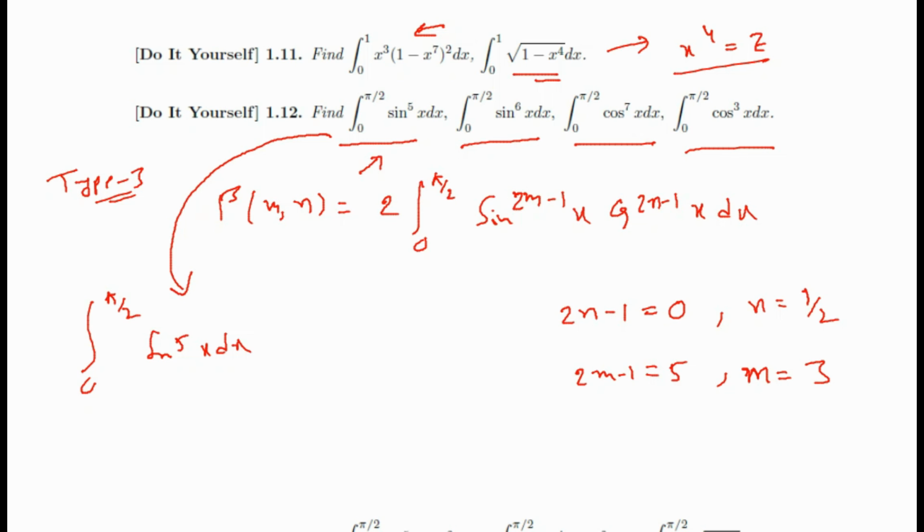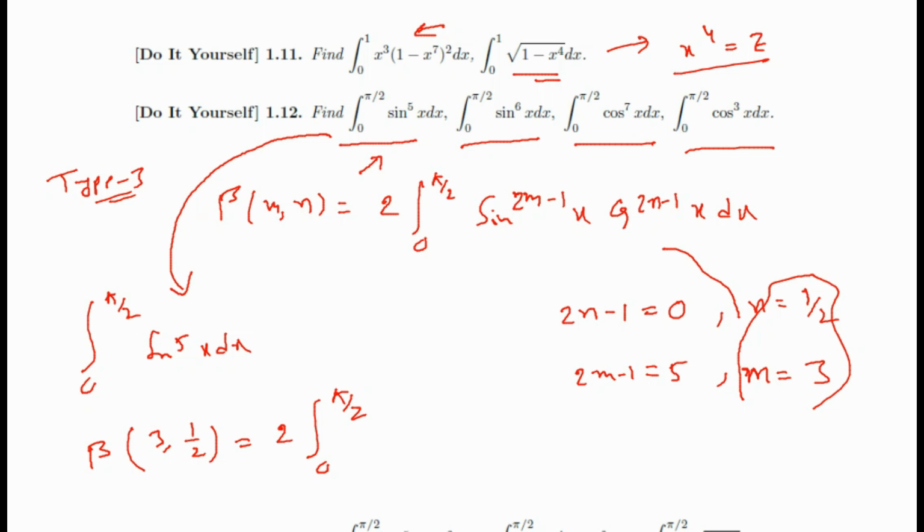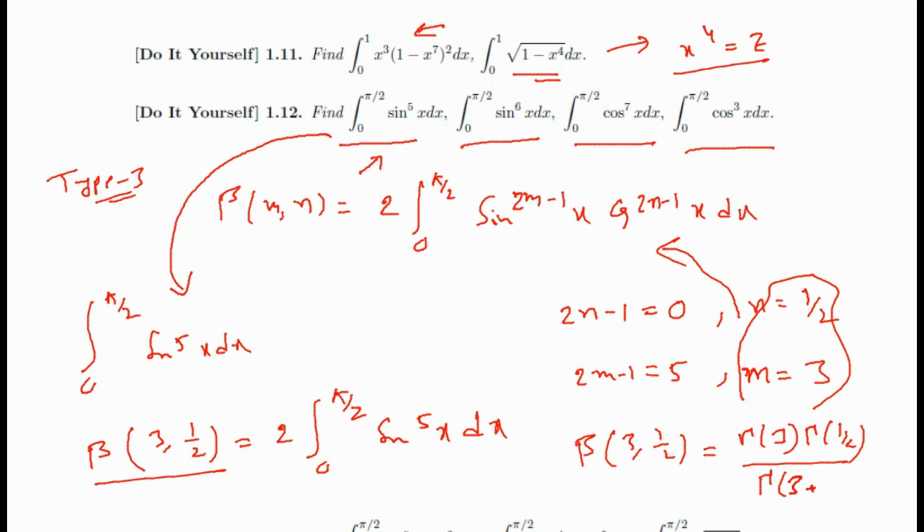Then you just write beta 3, half equal to 2 integration 0 to pi by 2 sine 5x dx, and you just have to compute this. So beta 3, half means gamma 3 gamma half by gamma 3 plus half, and proceed accordingly. So you can get the result.